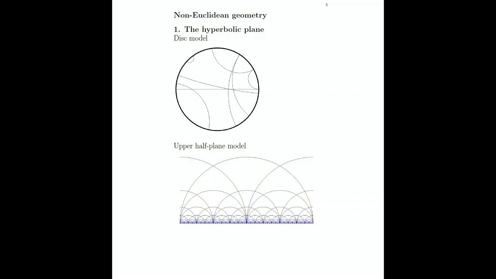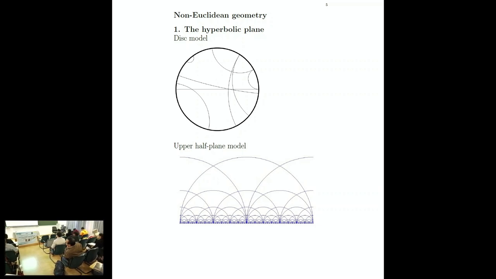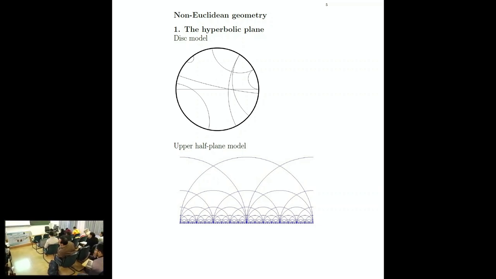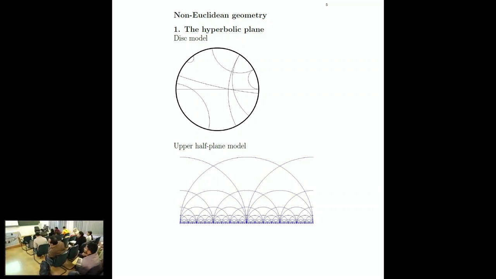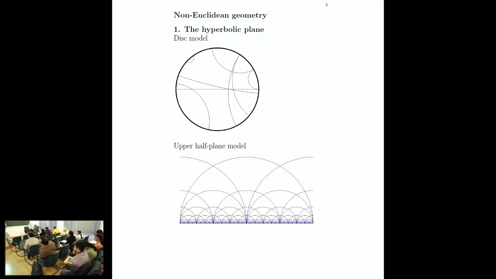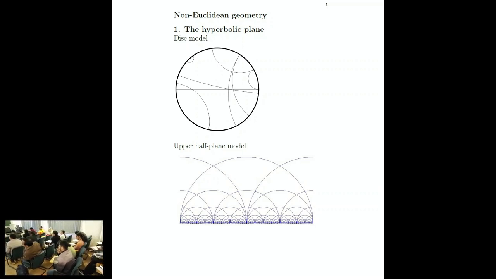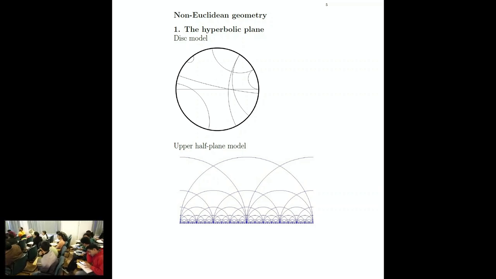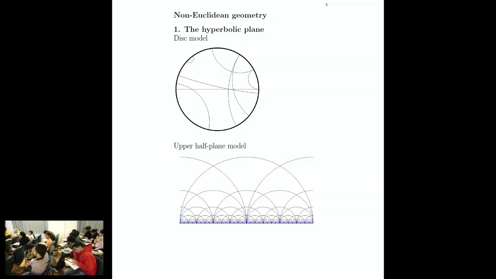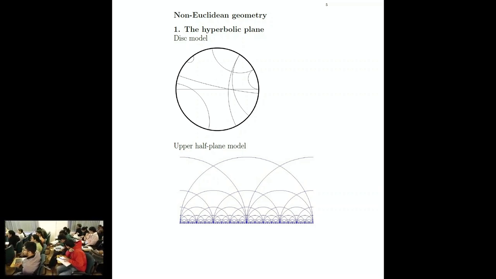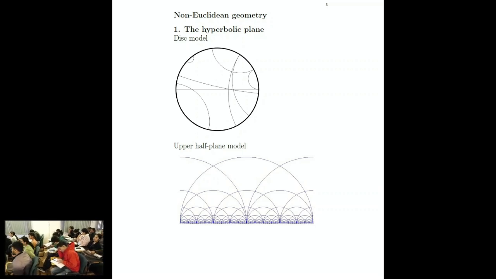So there are two main models. This is the disk model, and this is the upper half model. And in these models, the lines of the geometry have a description in terms of Euclidean geometry.